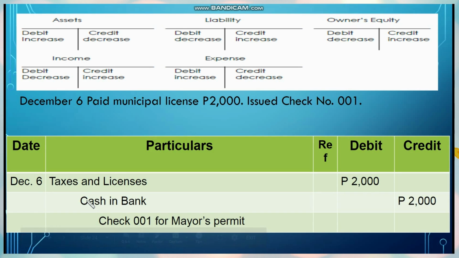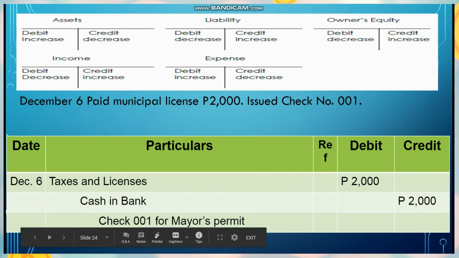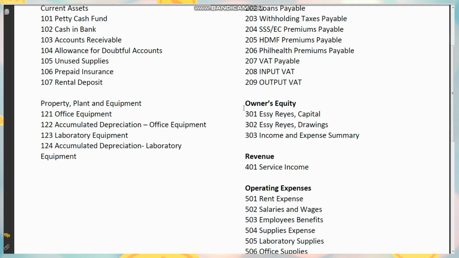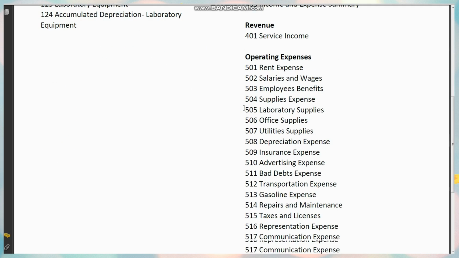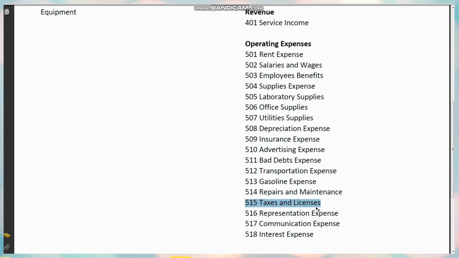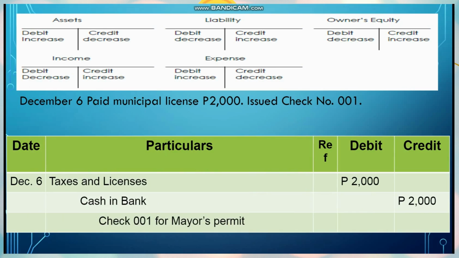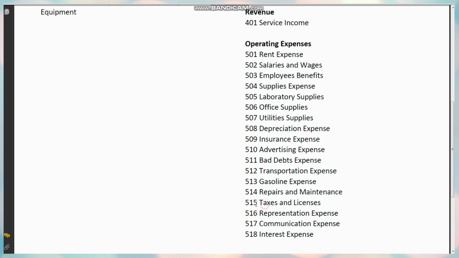But what did we pay for? We paid for municipal license. And if we take a look at the expense accounts, we have here taxes and licenses. So we paid for municipal license, then we can use taxes and licenses.